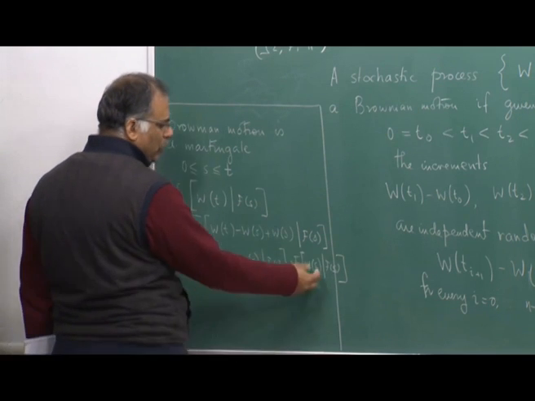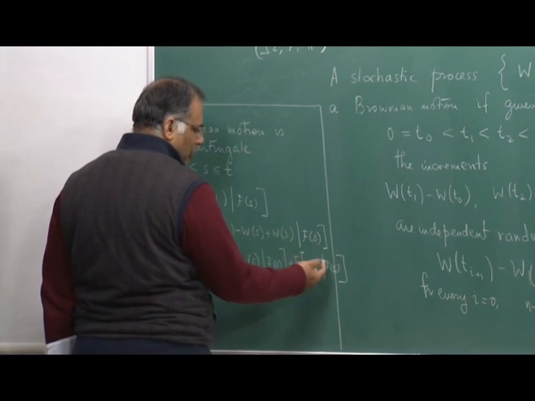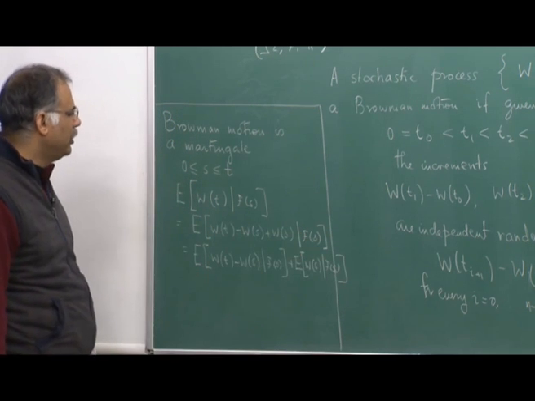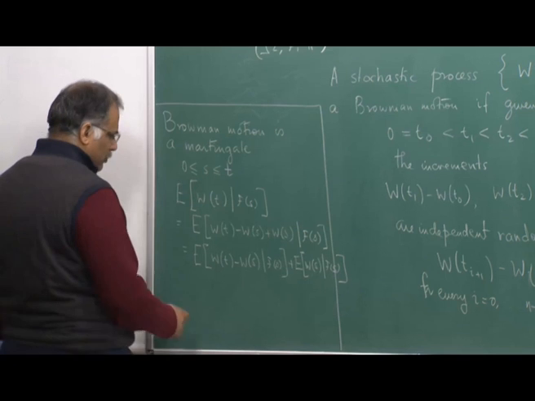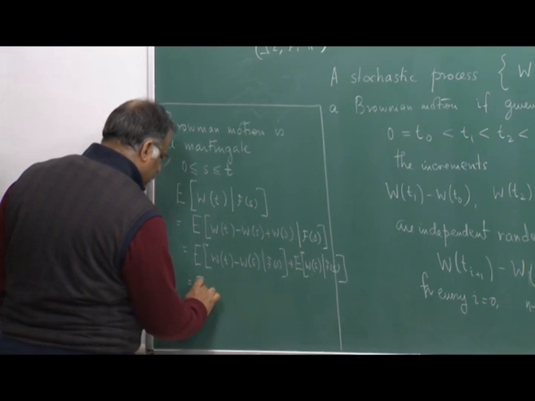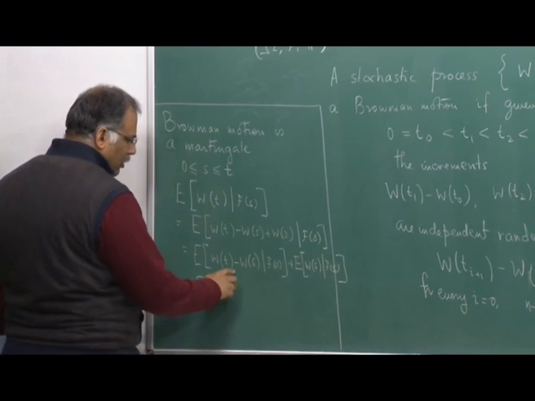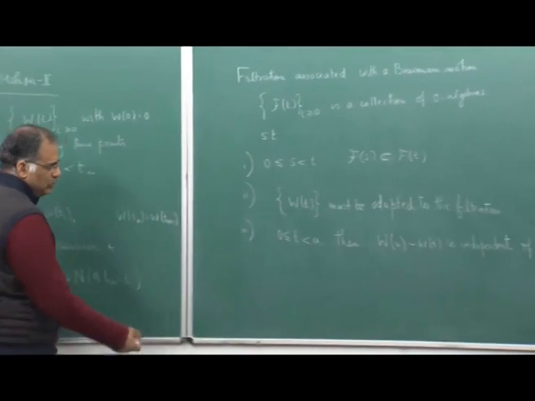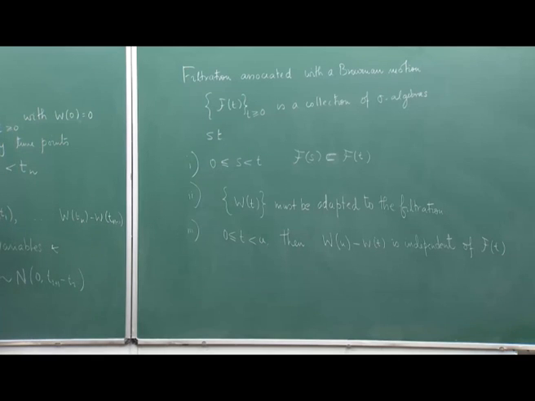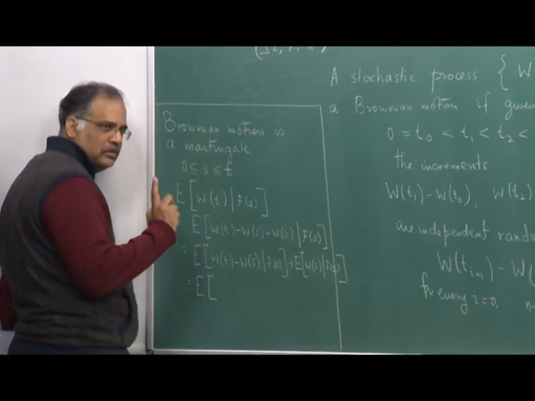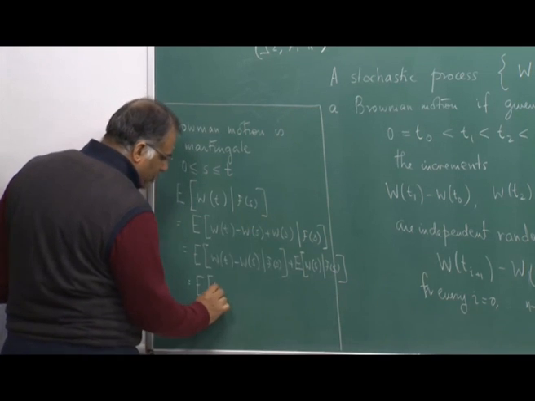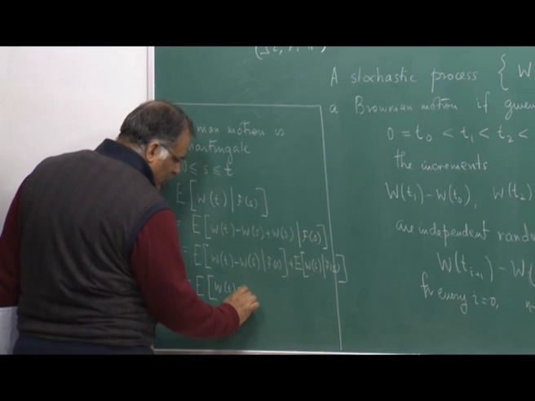So, you have to take out what is known. So, Ws is equal to Ws into 1; you take out the Ws, and the expectation of 1, a constant random variable, is the same. Now here Wt minus Ws, by the third definition, does not depend on Fs, so there is no conditional expectation here, it is just the expectation.